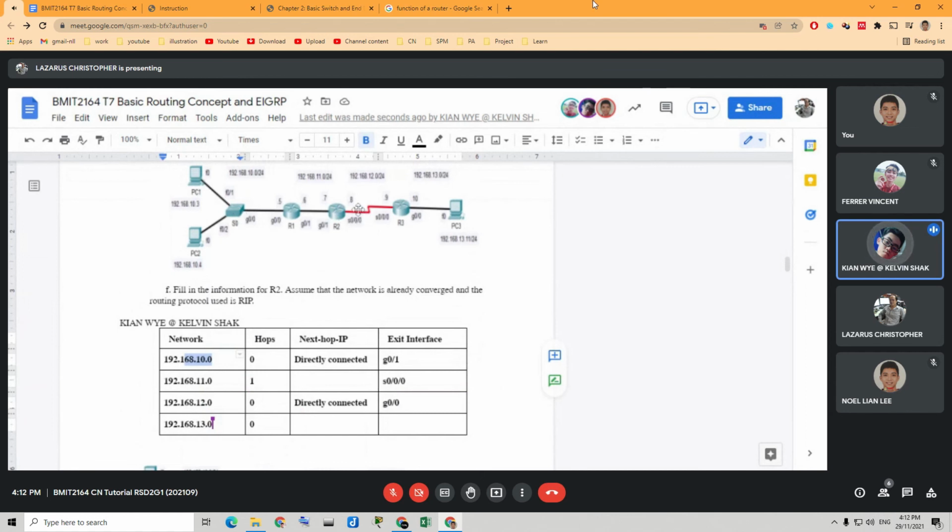I think 2 hops. R2 is here, and this one is here. So one hop and you reach it. Just count the next hop to you. Okay, so it's not directly connected anymore.